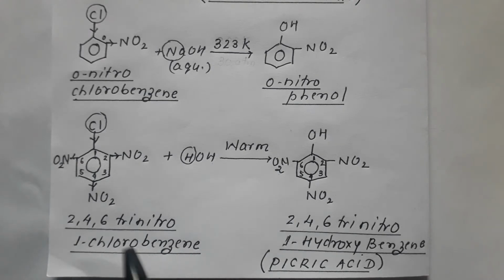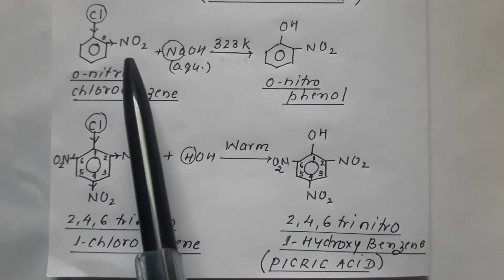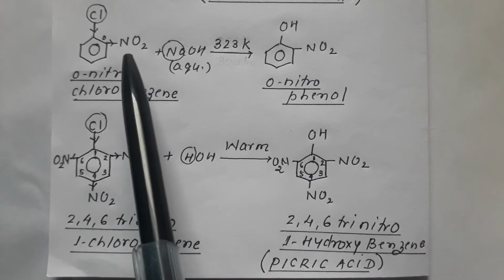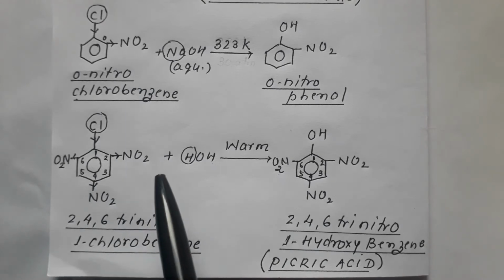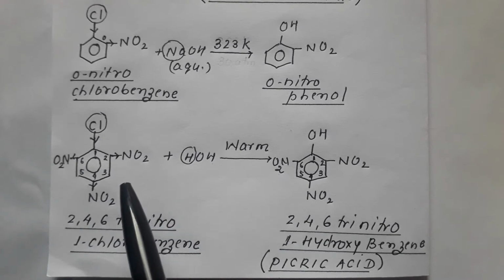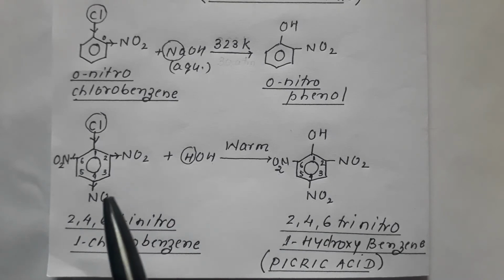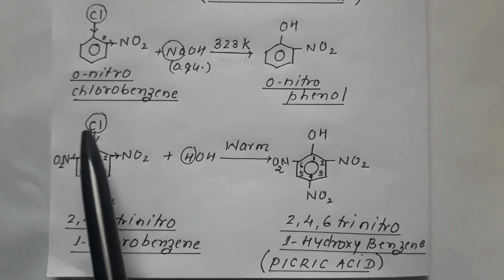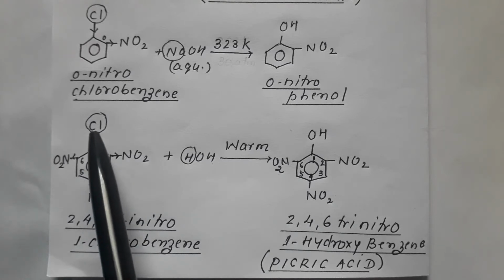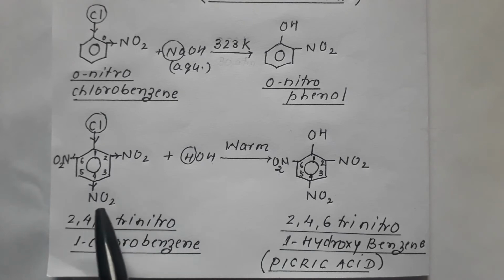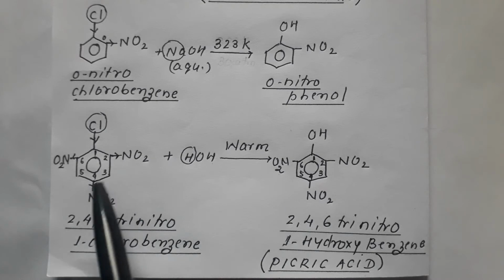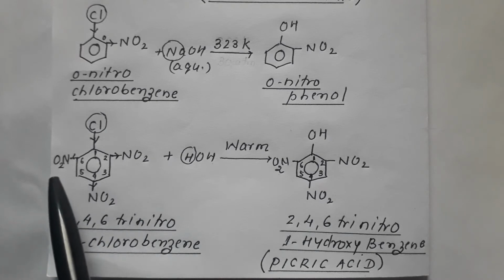Now if one electron withdrawing group increases the reactivity, if we increase the number of electron withdrawing groups, does reactivity increase more? Answer is yes. Against one electron donating halo group, we now install 3 electron withdrawing nitro groups at position 2, at position 4, at position 6.